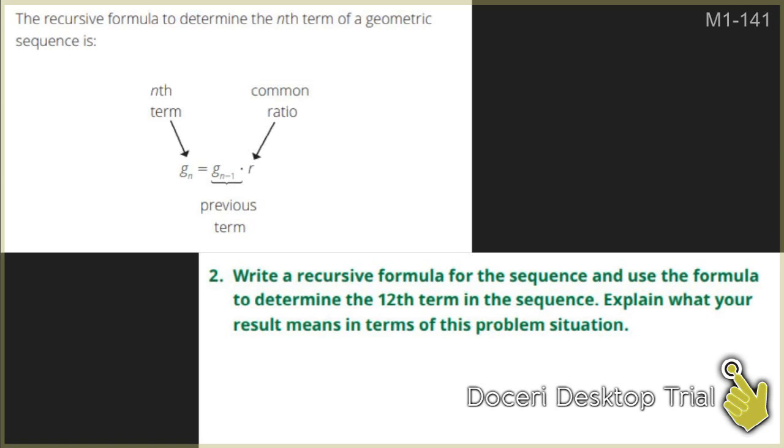So we are after the 12th term in the sequence. Well, we know that we have to write it as G12, and that is going to be equal to G12 minus 1, so G11, times the common ratio. And we just need to plug in what we know.